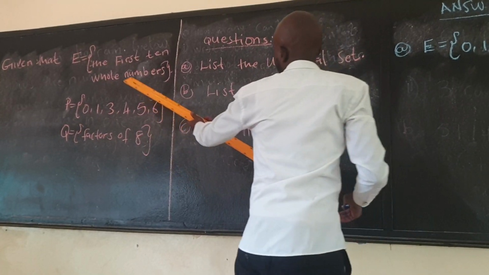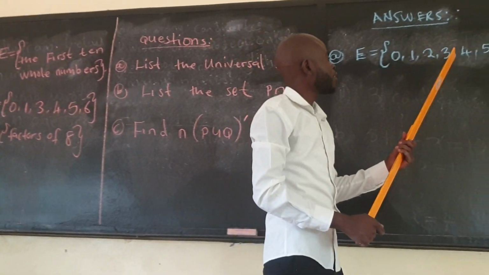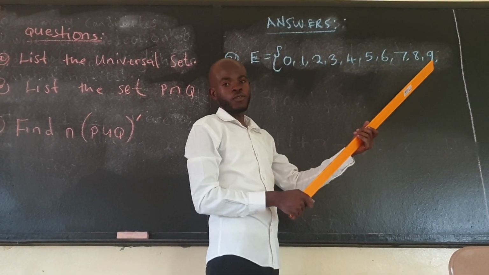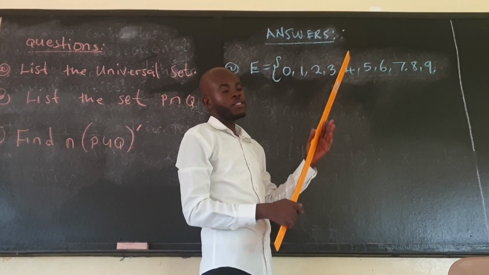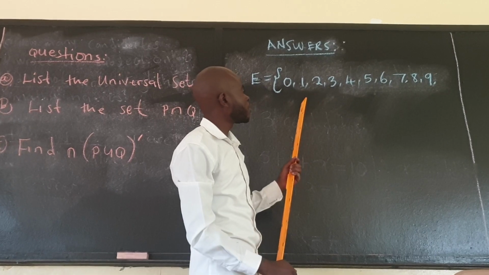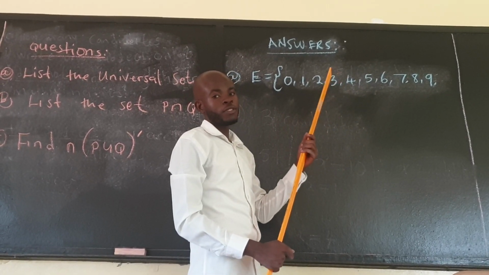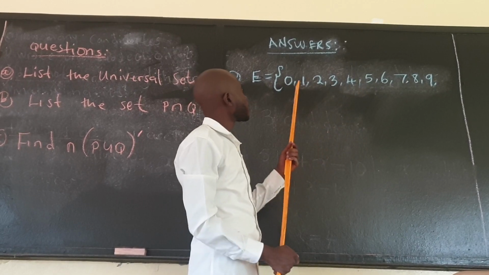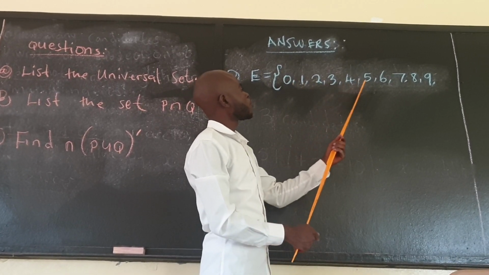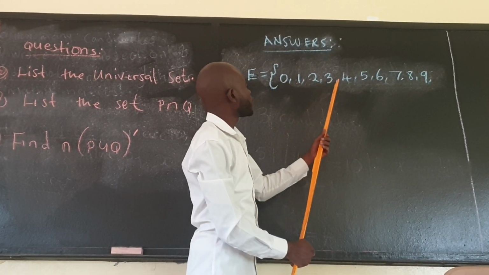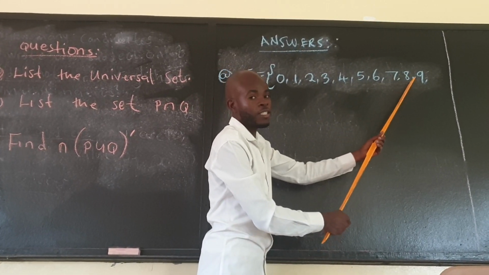When they say the first 10 numbers, they are not saying write the numbers up to 10. No. They are saying the first 10 whole numbers. So you have to count from 0 to 9. If they say up to 10, then you end there. So 0, 1, 2, 3, 4, 5, 6, 7, 8, 9. Counting them: 1, 2, 3, 4, 5, 6, 7, 8, 9, 10.